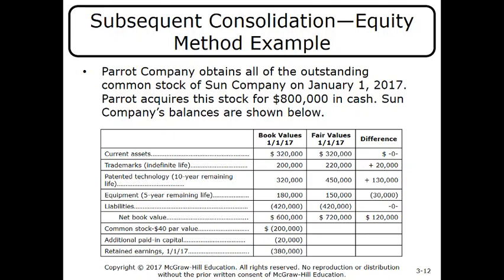Patented technology is $100,000 more. Trademarks have an indefinite life, so there's not going to be any excess amortization on that. It's just going to sit on the books. Patented technology has a 10-year remaining life, so that excess of $130,000 is going to have to be amortized over the remaining useful life of 10 years, so $13,000 per year.